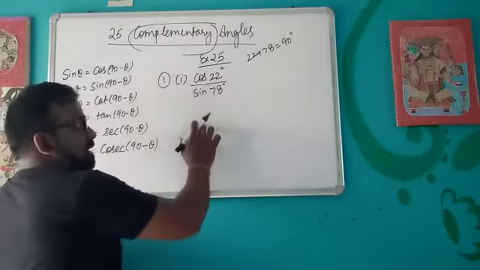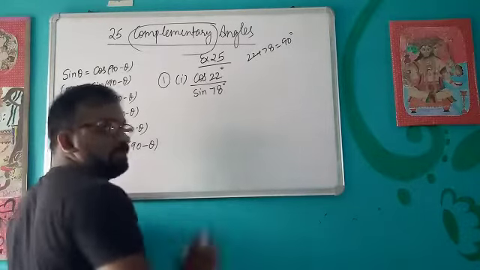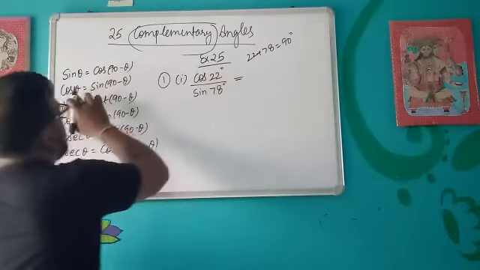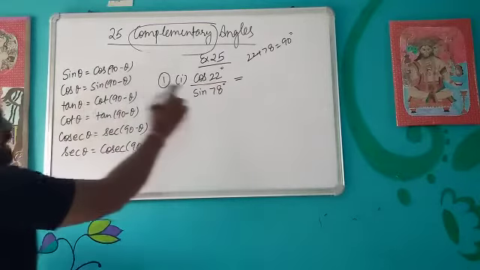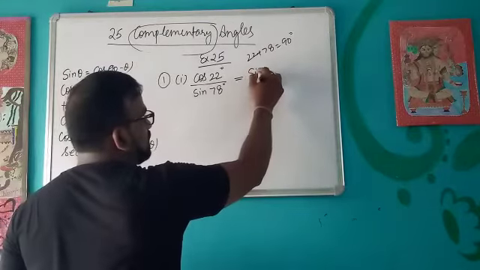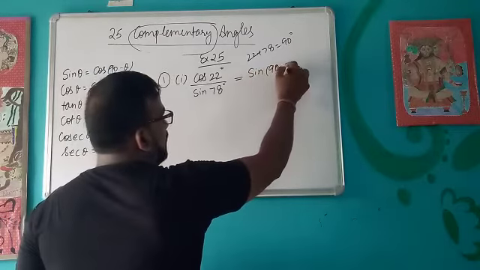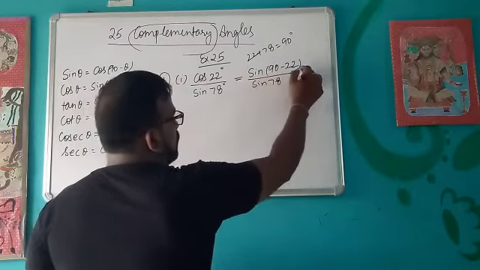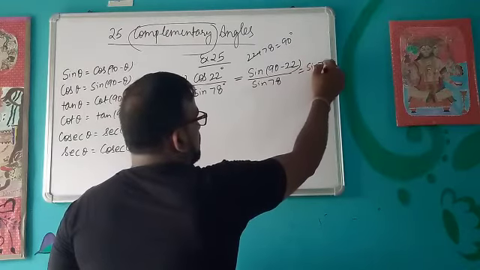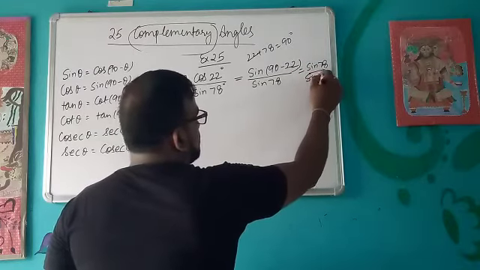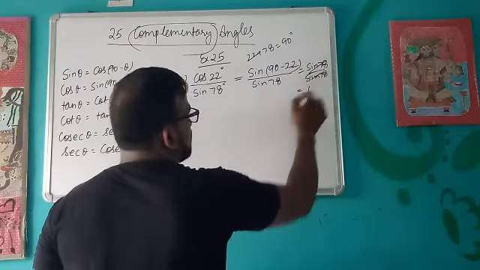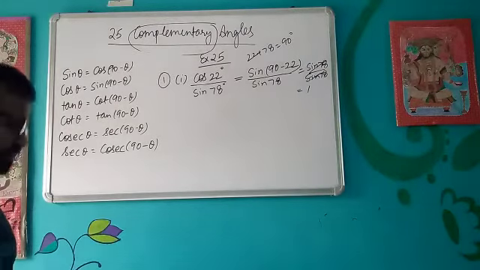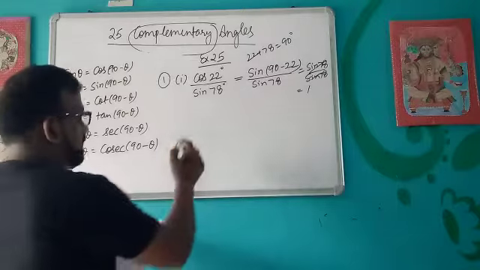So you will replace either cos or sine. Suppose you want to replace cos. What is cos theta? Cos theta is sine of 90 minus theta. So I will replace it like this. What you will get: sine 78 upon sine 78, they both will cancel, and the answer will be 1. Okay, so you will replace only one complementary angle.